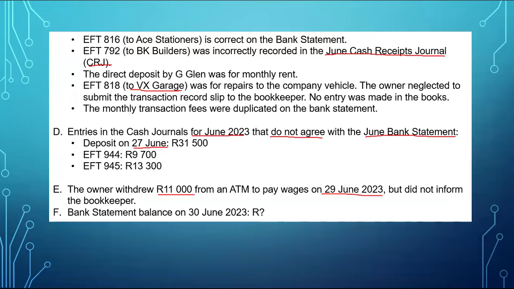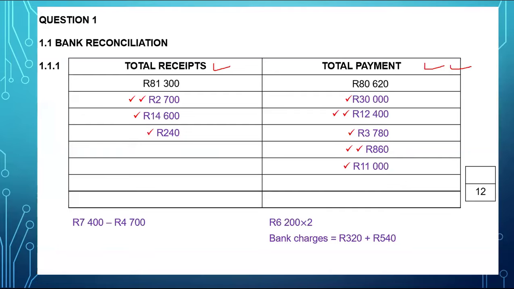Then we just have to calculate the balance. For us to be able to do that, we are going to get the totals for CRJ. It'll give us 98,840. So you just add all of these, including the balance. Even here, you add all of these, including the balance. It'll give you that over there.